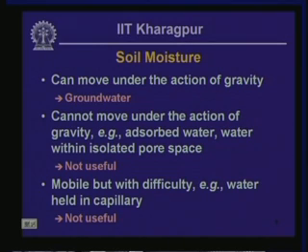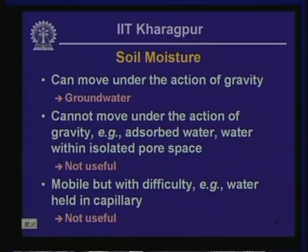So, soil moisture is composed of three different components. One portion flows relatively easily, and that is the groundwater, which is useful for human consumption. Then there is another portion which is trapped within non-interconnected pore space or adsorbed. This is not useful.